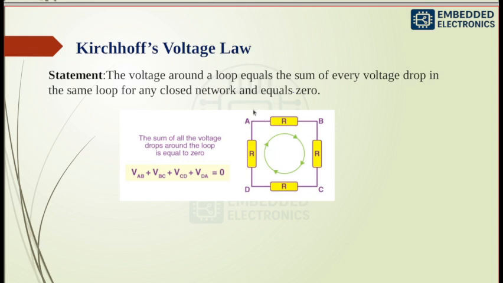Here VAB is the voltage across terminals A and B. Similarly VBC, VCD and VDA, and the sum is equal to 0. This is Kirchhoff's voltage law, which we can also call KVL.